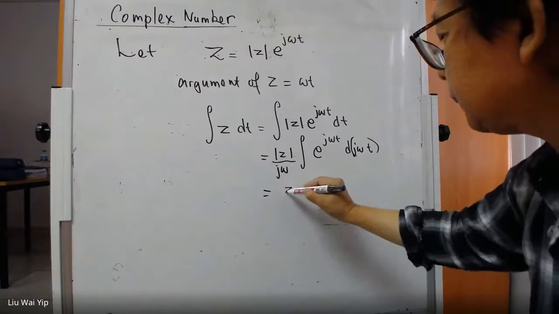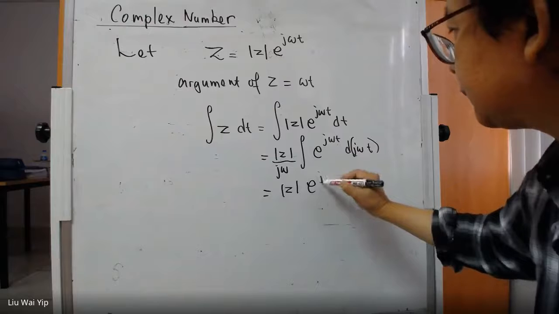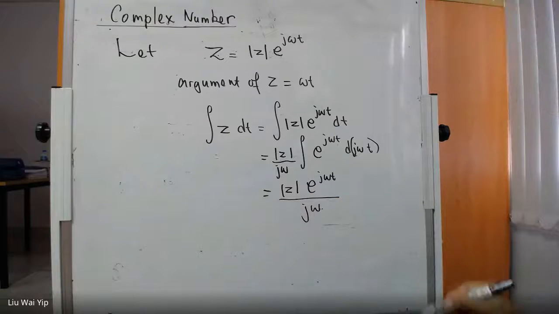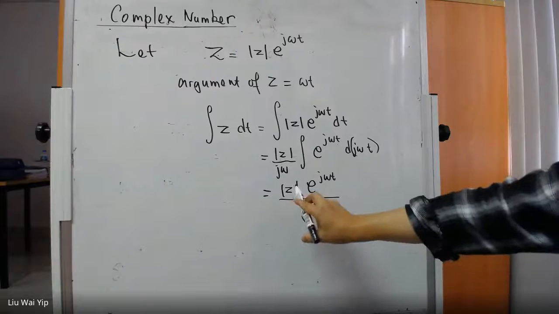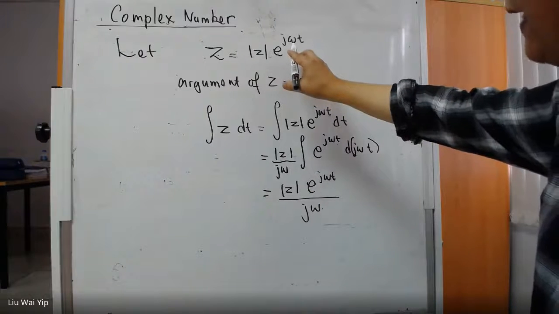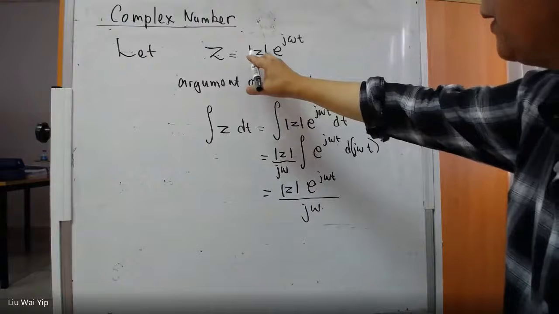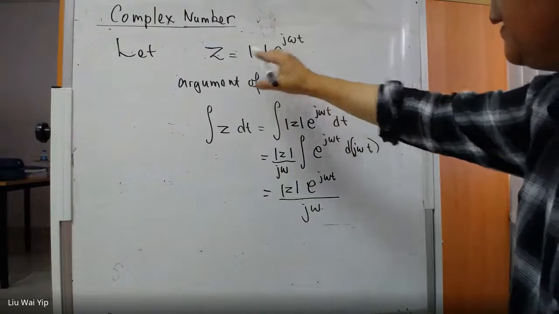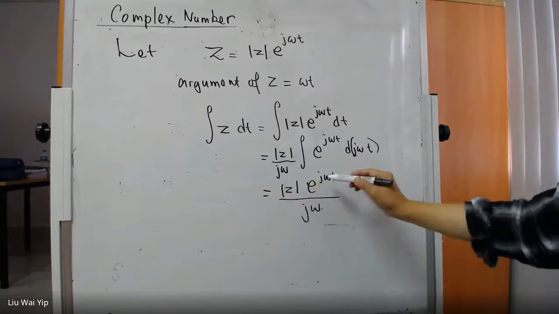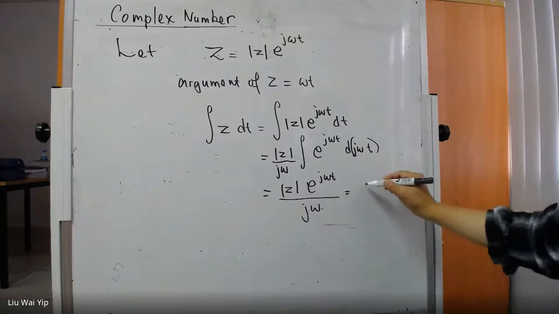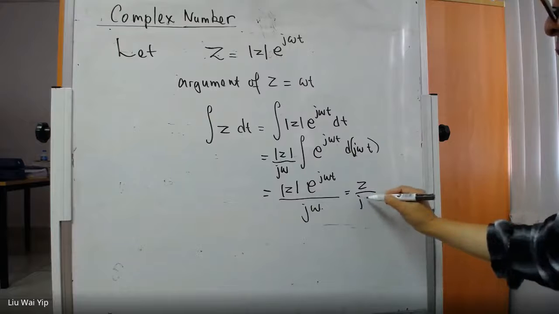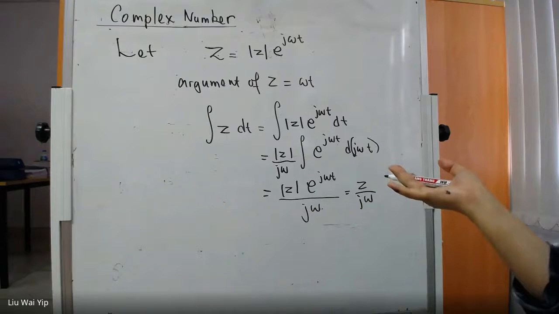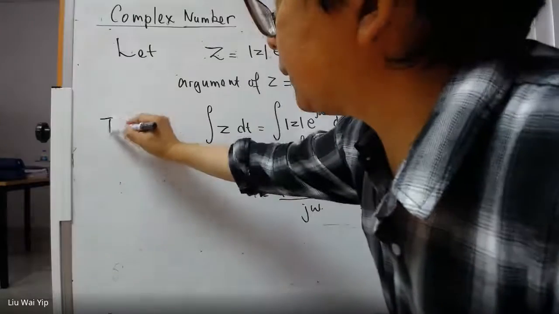Eventually, you will get j omega, and we have already defined the modulus of Z times e to the power j omega t as Z. So the numerator of this expression is going to be Z, and then the bottom one is like this. Yeah, that's simple. So now our integration is done.